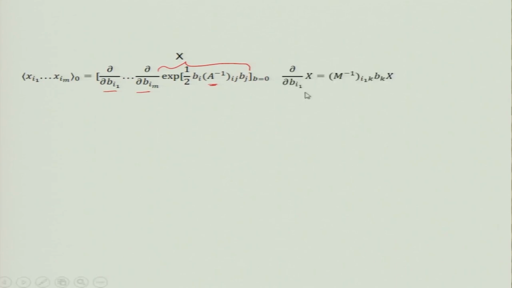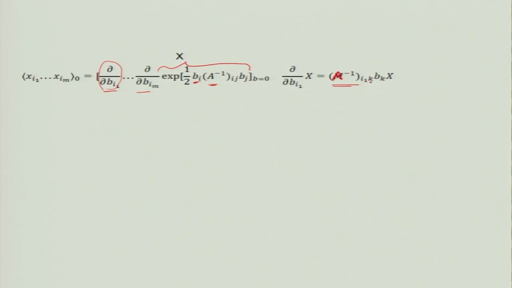So, first with i1, I take a derivative of X with this one. So, what will I get? So, this is A inverse, so we have Bi and Bj. I am doing it with Bi1. If I take the derivative with Bi1, B is a variable, so that will give you 1.